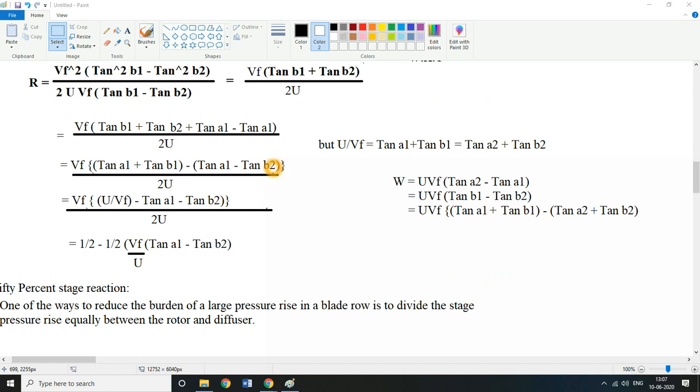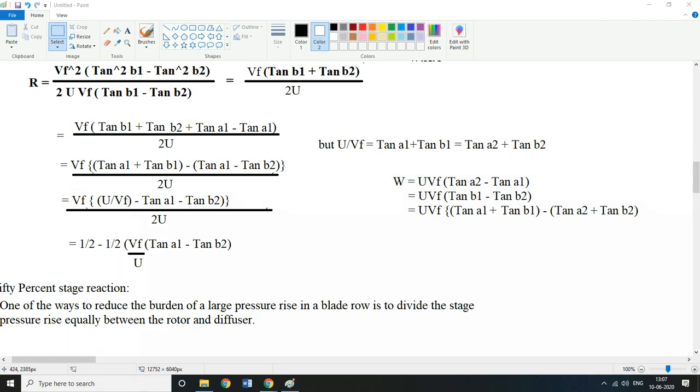Now from the previous case, what we know is that u by Vf is equal to tan alpha 1 plus tan beta 2, which is also equal to tan alpha 2 plus tan beta 2. With this substitution, I'll write u by Vf for tan alpha 1 plus tan beta 2, and then you can multiply this u by Vf inside.